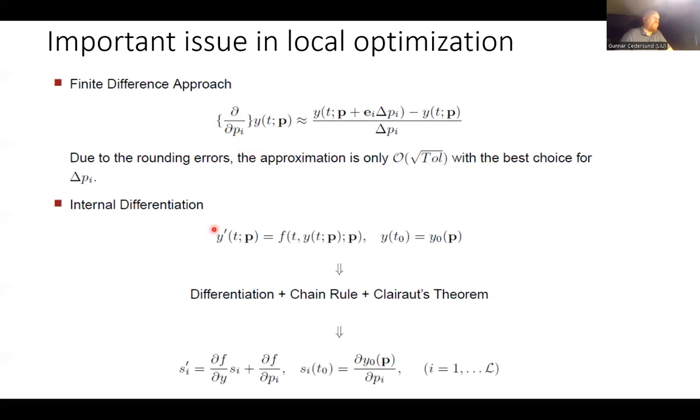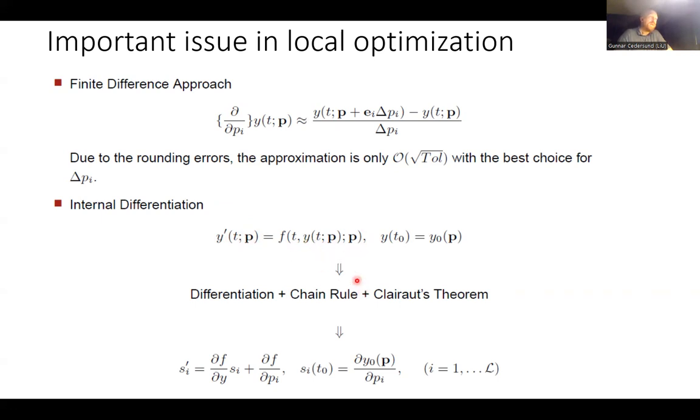So one other way is to calculate the analytical formula for how the function y depends on the parameters. So here we have the differential equation that we start with.